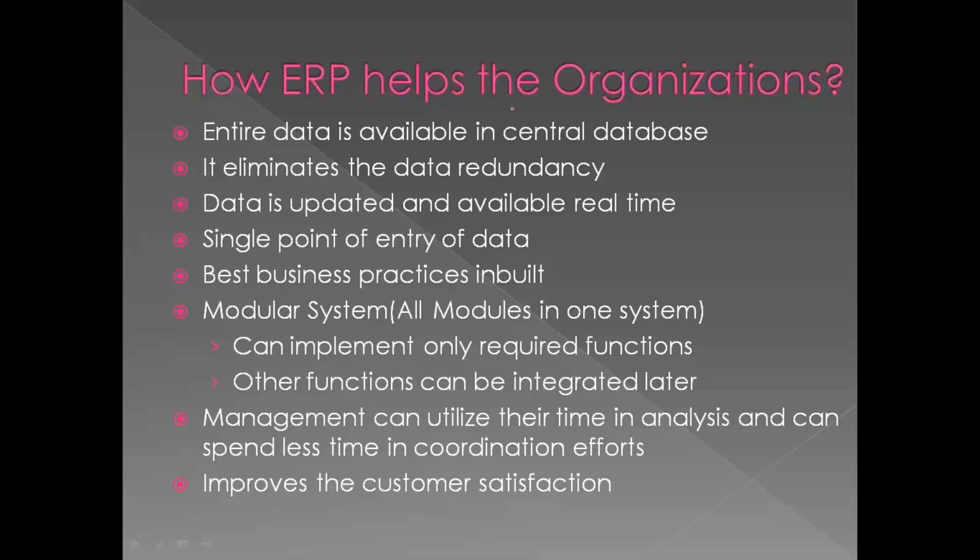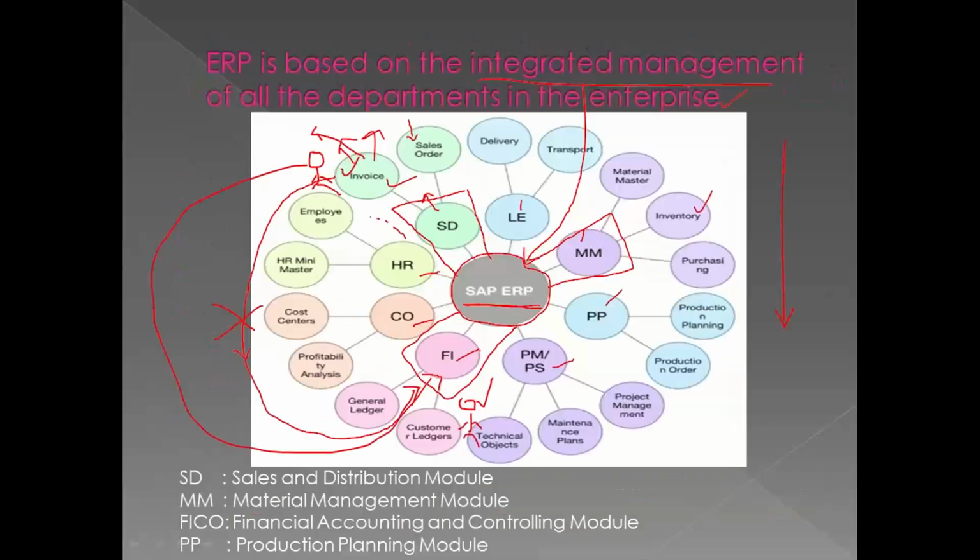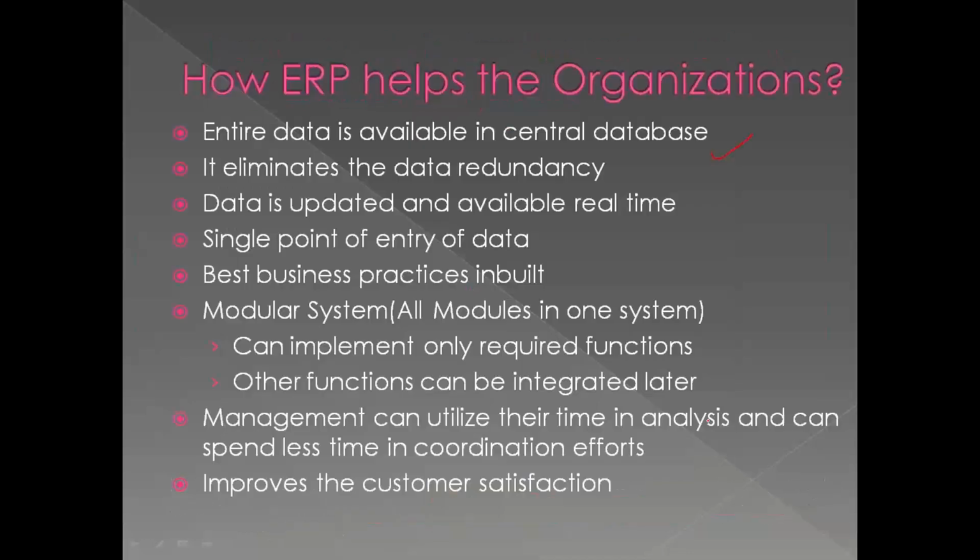Now see here how ERP helps organizations. Entire data is available in a central database. Why? Because there is a single database. That's the reason why the information can flow from here to there easily. If it is a separate database, how can it happen? So that's the reason. Single centralized database, all department data will be stored in one place.